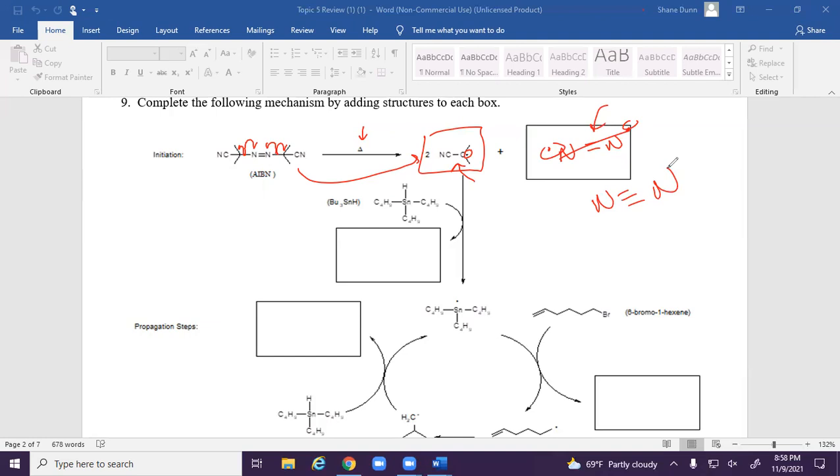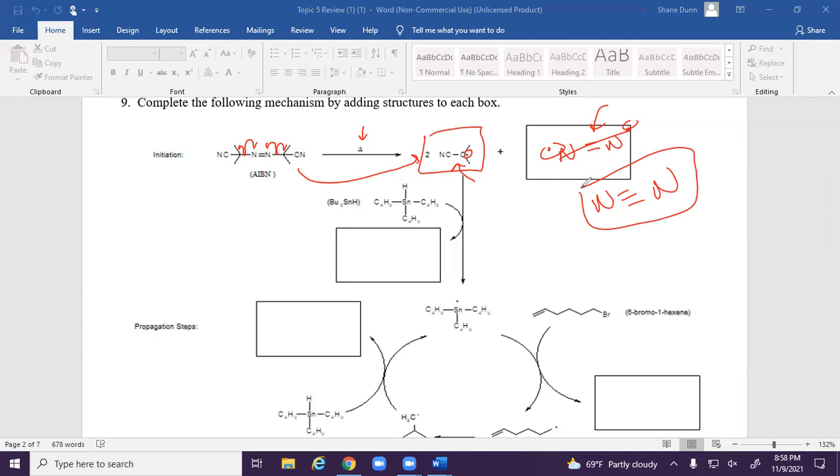Because radicals do not want to be a part of a double bond. They want to be next to, but not part of. Does that make sense? So that's how you form a triple bonded nitrogen. I think that makes sense. Yes. Okay.